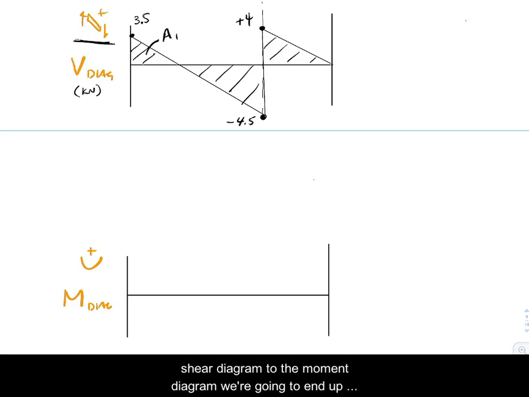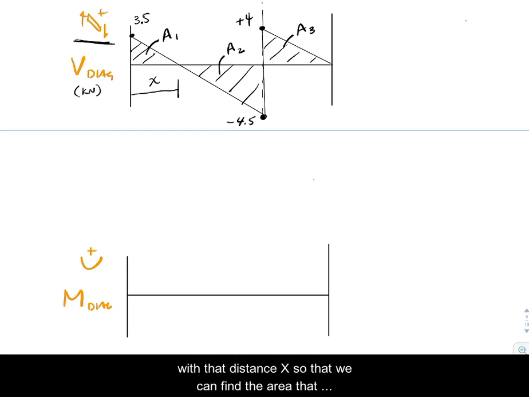going to end up calculating some areas, because we know that the change in the moment between any 2 points is going to be equal to the area underneath the shear diagram. So we need to calculate some areas here. And if we look at A1 and A2, we need to come up with that distance x so that we can find the area of that triangle.